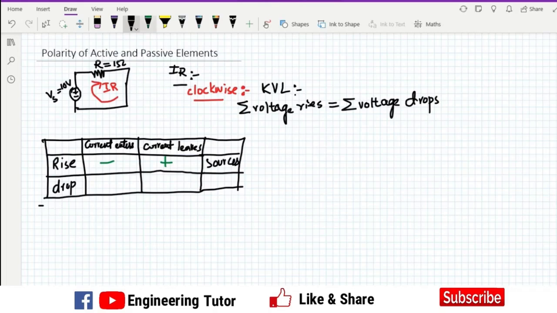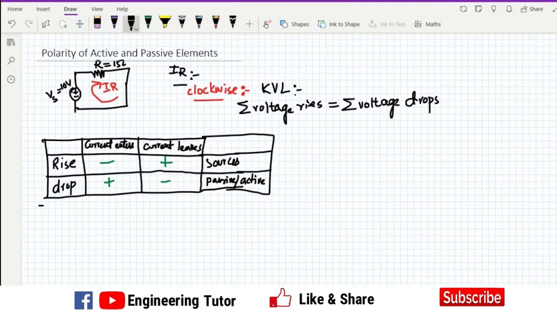Similarly, for the elements where the current enters at the positive terminal and leaves at the negative terminal, this is called voltage drop, and it occurs for all passive or active elements. Both kinds of elements are included.